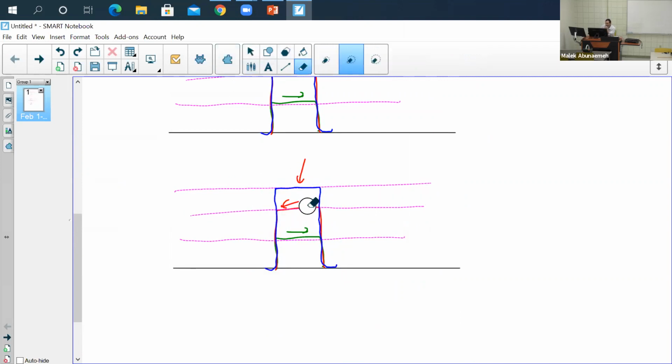So let me get this. So when they meet up, you get one big super wave coming in.